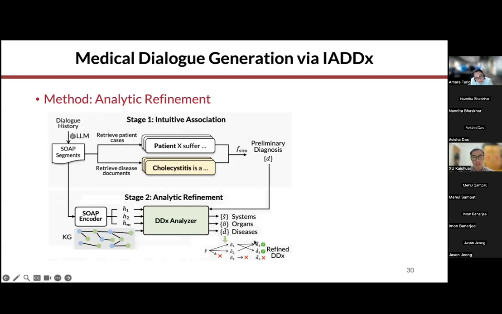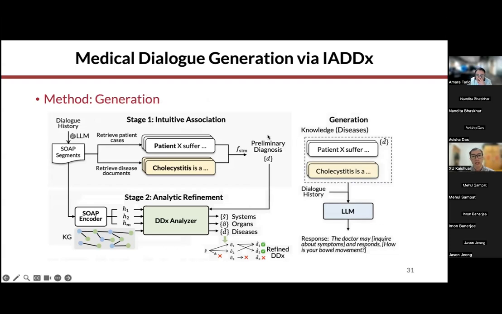These three classification targets will achieve a collaborative filtering effect, so that we can select a disease based on the affected system and affected organs, which is the analytic refinement.